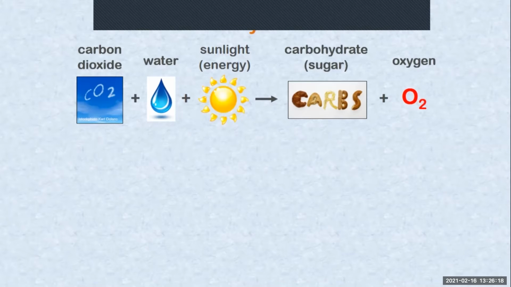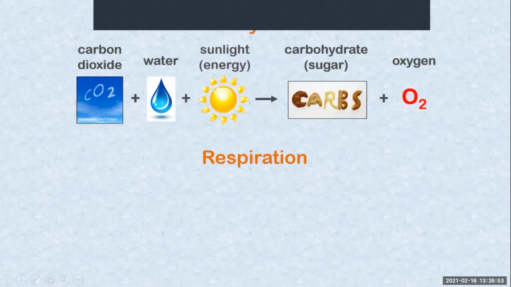So going back to our photosynthesis equation here, carbon dioxide plus water plus energy or sunlight becomes sugars and oxygen. Now, the reverse of photosynthesis is respiration. When the plants need to actually use the carbohydrates and get the energy out of the carbohydrates to do something, they have to go through the process of respiration.